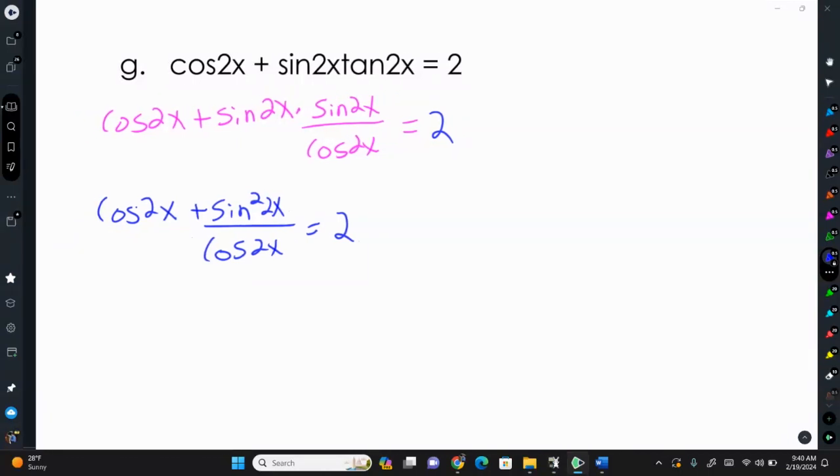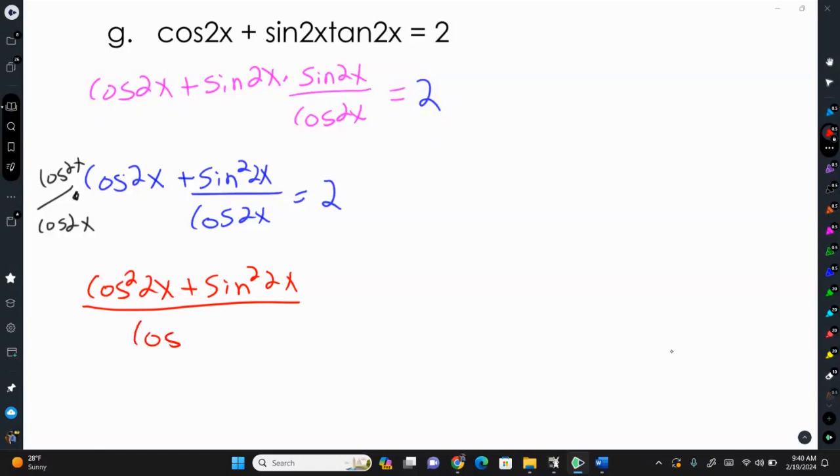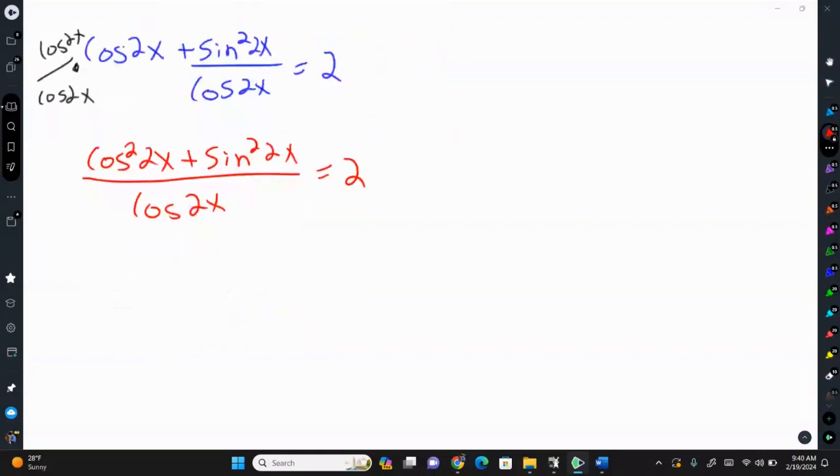Well, to add those fractions, we can multiply this first one by cosine 2x over cosine 2x. So then that's going to give us cosine squared 2x plus sine squared 2x over cosine 2x equals 2. Now on our identity sheet, it says that cosine squared plus sine squared equals 1.